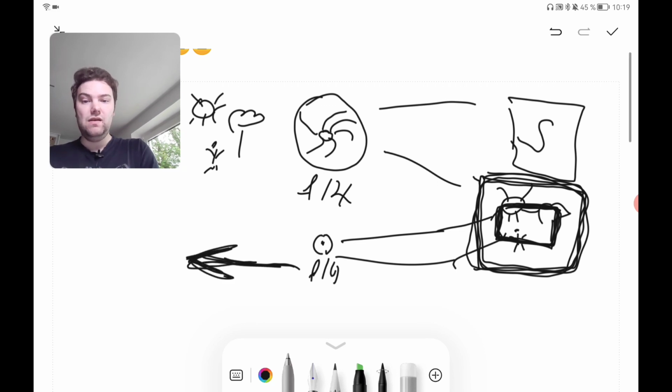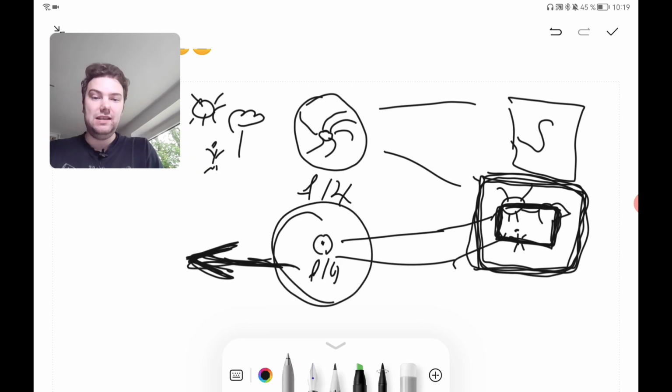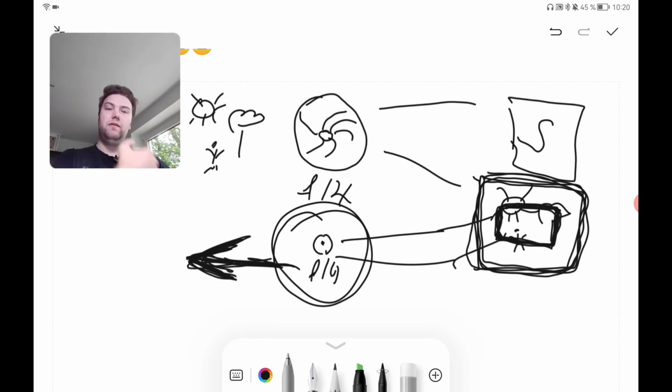So the reason why the background blur changes is not because something happens here or the sensor becomes smaller. No, it is because I'm moving backwards. That's the sole reason why I have a different background blur.